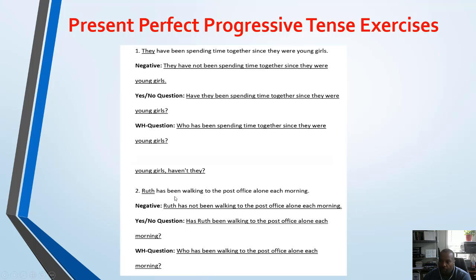Number 2, Ruth has been walking to the post office alone each morning. Negative is Ruth has not been walking to the post office alone each morning. Yes or no question, has Ruth been walking to the post office alone each morning? And then the WH question is, who has been walking to the post office alone each morning?